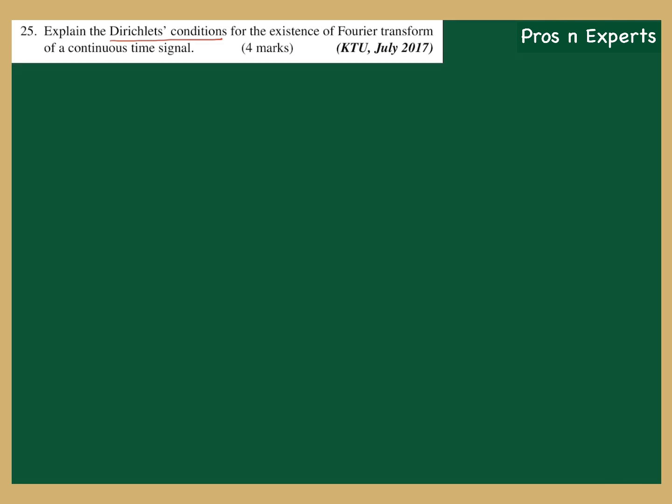So there are three Dirichlet's conditions. The first and most important one is that the signal whose Fourier transform is to be obtained must be absolutely integrable. Okay, that's the first Dirichlet's condition.